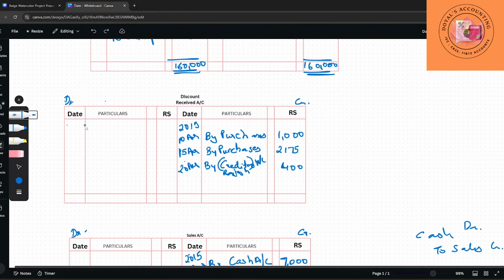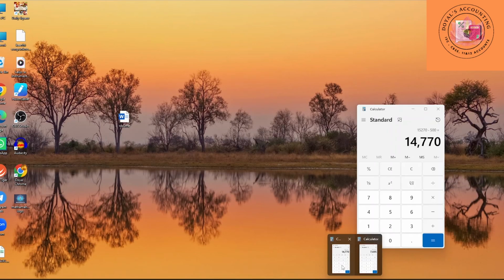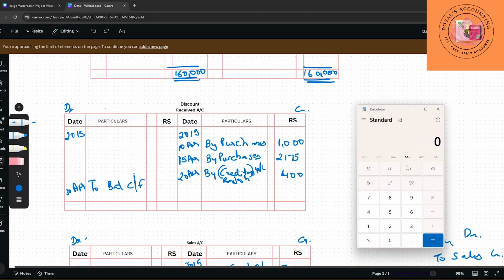This is fairly straightforward. You can see the credit side is the one with the more total. So our closing balance will come here. To balance carried forward, how much is it? 3,175 plus 400.